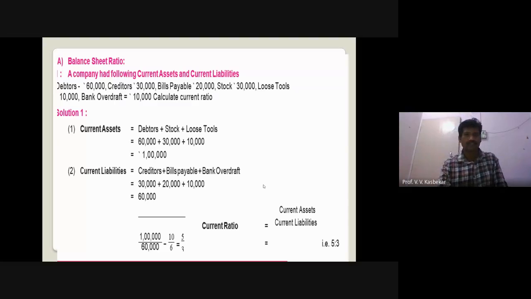Then balance sheet ratio. In that, one example is given of current ratio. You can see current assets: debtors, stock, and loose tools, and total of current assets is 1 lakh rupees. Current liabilities: creditors, bills payable plus bank overdraft, total of current liabilities 60,000.